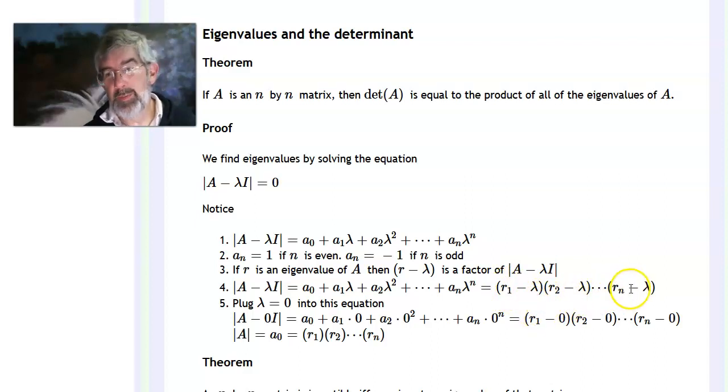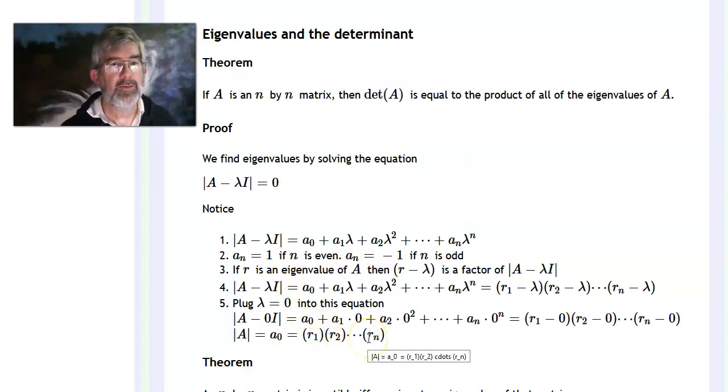Now, notice when you multiply this out, the constant coefficient is the product of all of those constants. So the a_0 here is the product of those r's. I see that in another way by plugging lambda equals 0 into this whole equation. Here, it just turns into A minus 0I. This part turns into this polynomial with zeros plugged in, and with 0 plugged in for all those lambdas, I get this: the determinant of A is equal to the constant term here, which is the product of all of those eigenvalues.